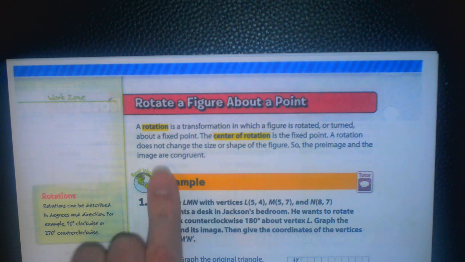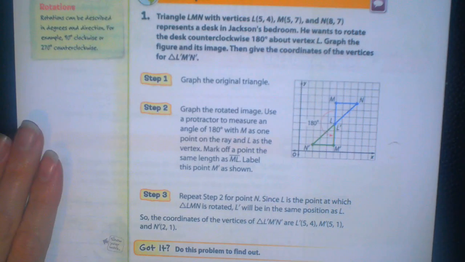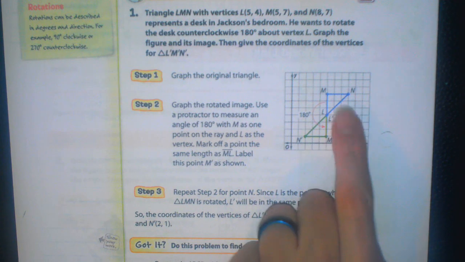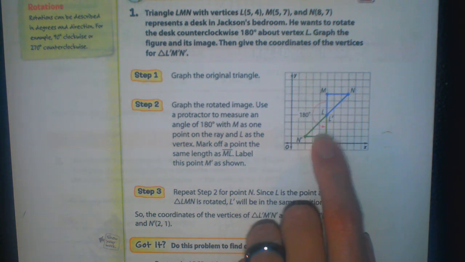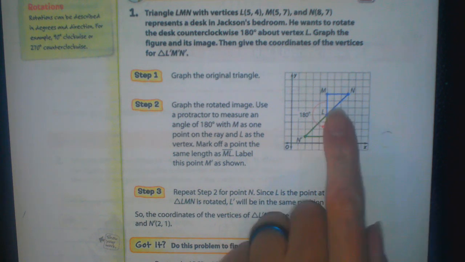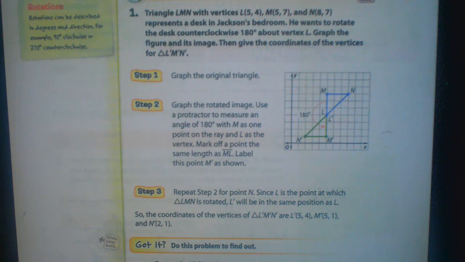So the pre-image and the new image are congruent. They're equal in size and shape. They're just in a different location. If you take a look at this example, you can see one figure was rotated and became the new figure. They're still the same size and shape. They just moved locations. Okay.